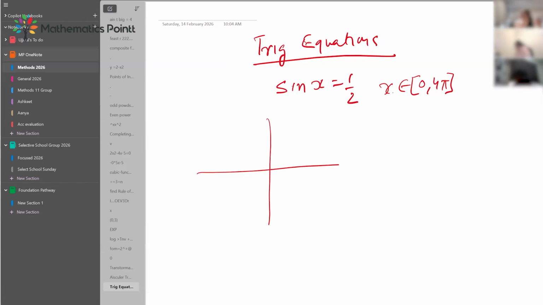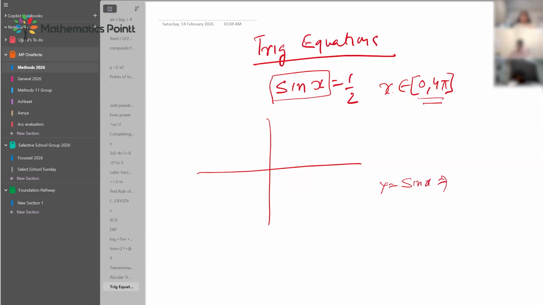Now, 0 to 4 pi, my function is y equals sine x. What is my period?